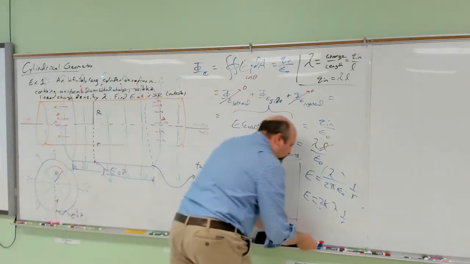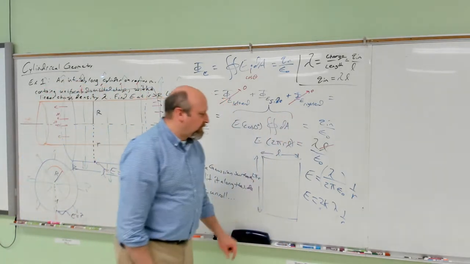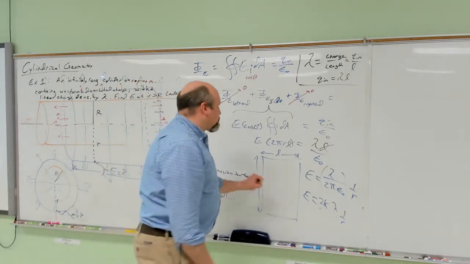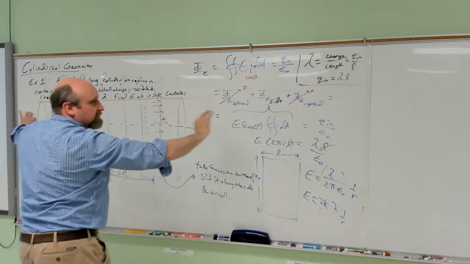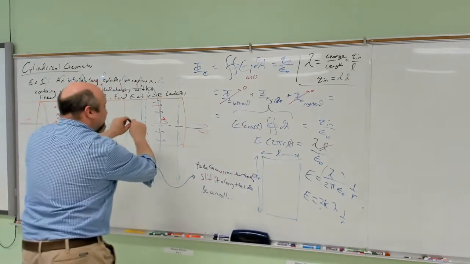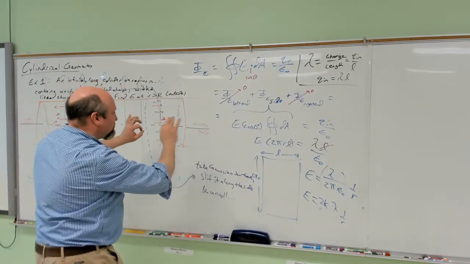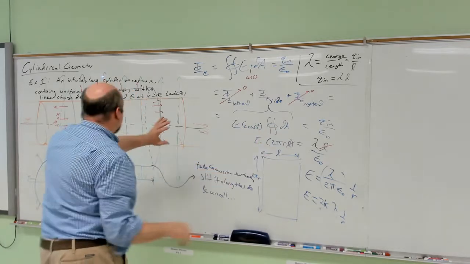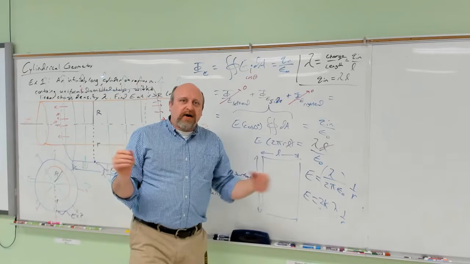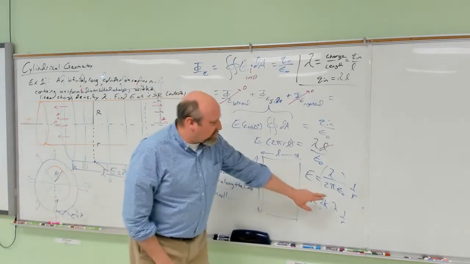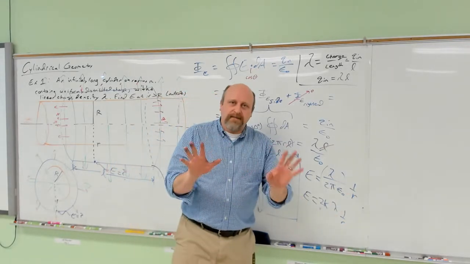What I want to point out here, a last comment about this particular problem, is that when I have charge spread out in cylindrical geometry, or in a line, like a charged wire, if the charge is spread evenly along an infinite wire, the field strength is going to drop off proportional to 1 over r every time.